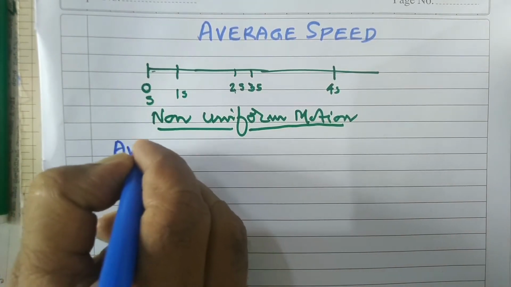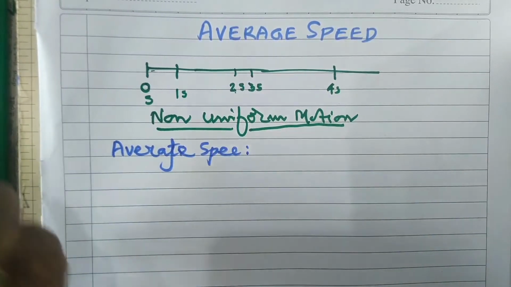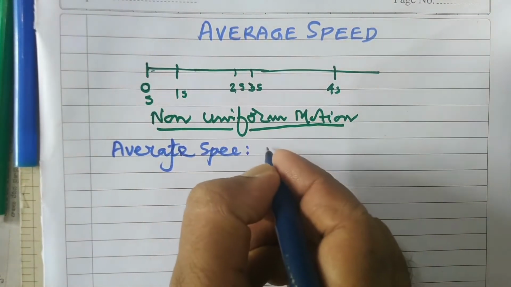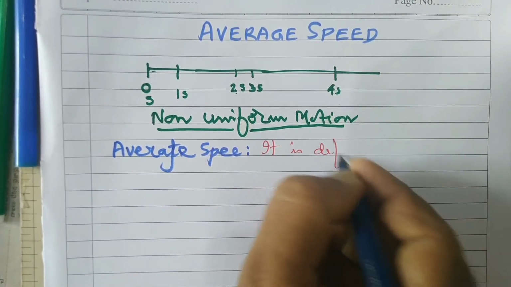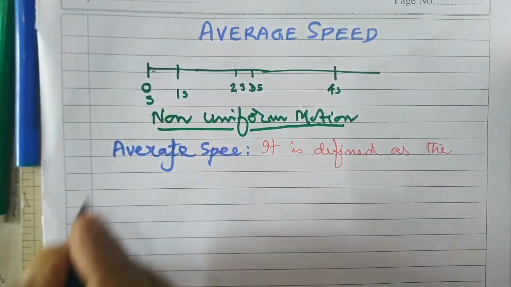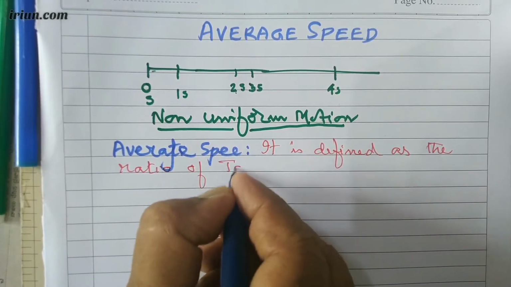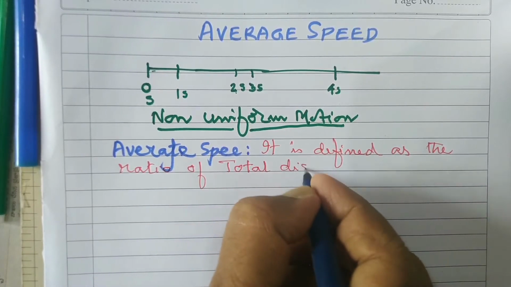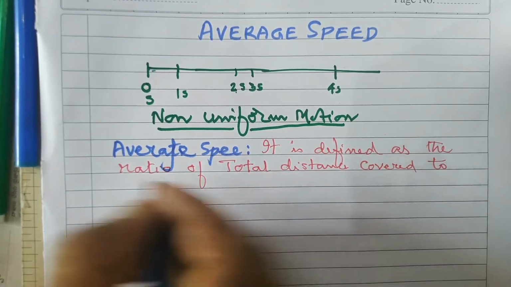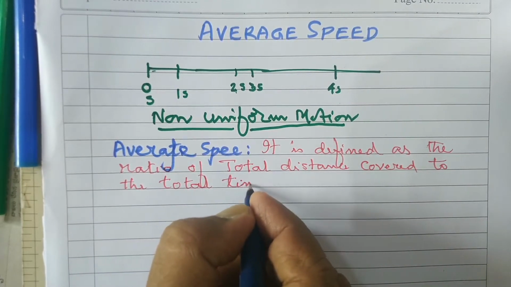Average speed is defined as the ratio of total distance covered to the total time taken.